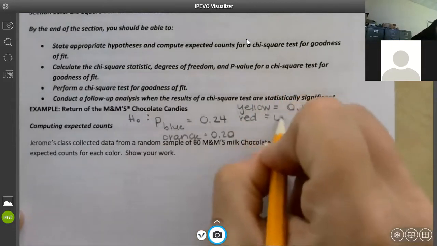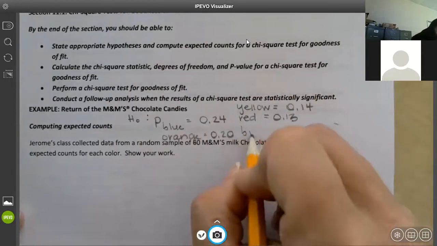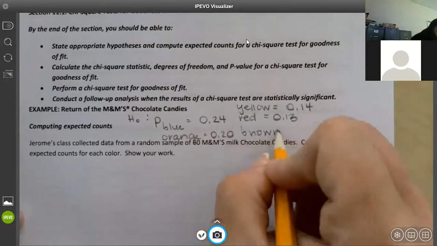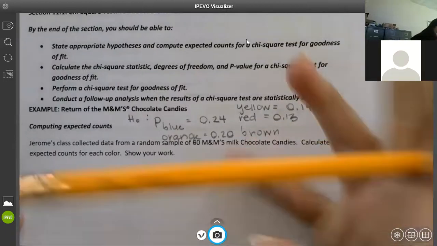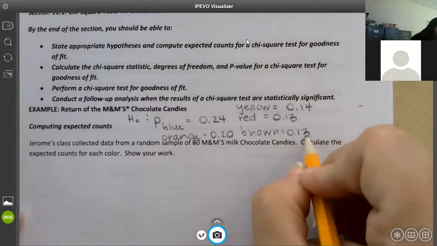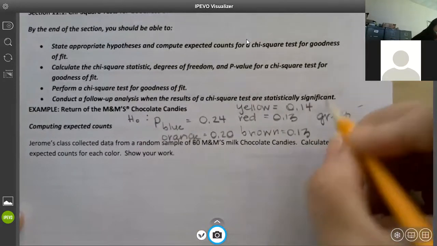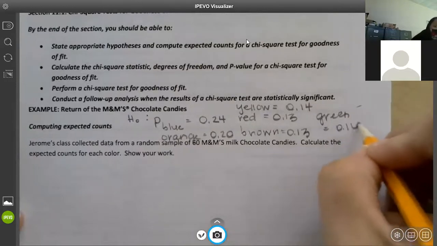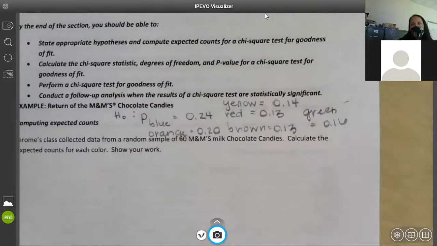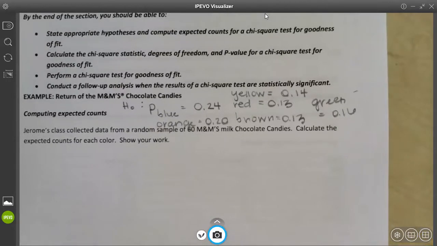Red was 0.13. Brown was 0.13. And then green was 0.16. All right, so that's how the candies were proportioned.